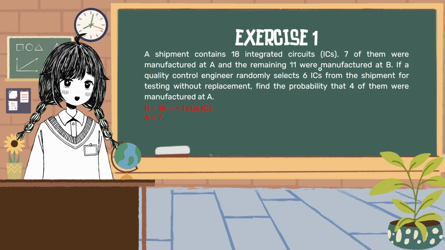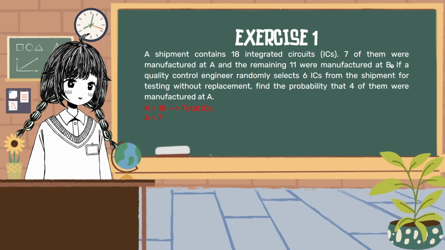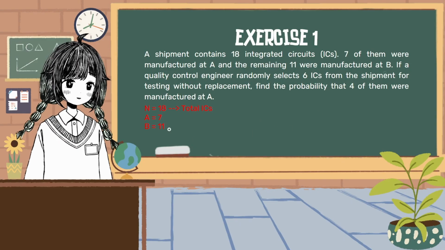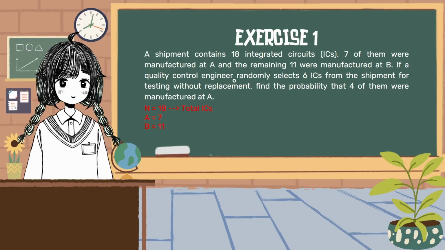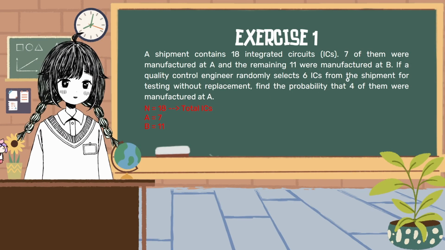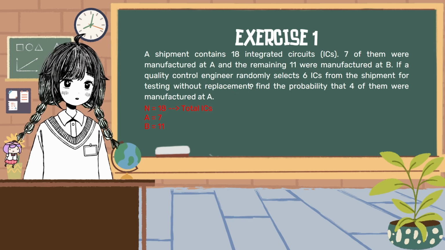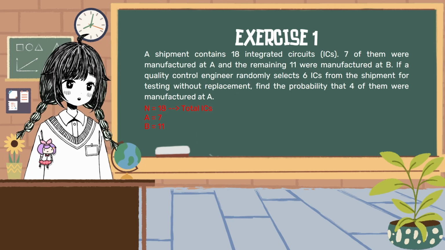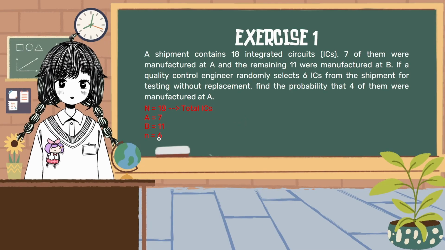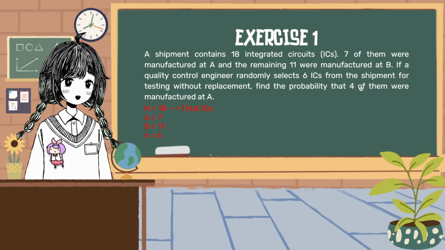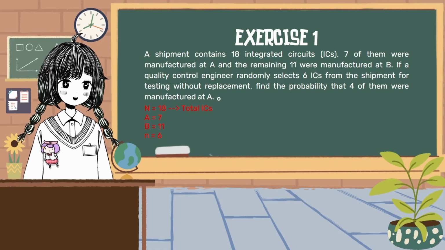And the remaining 11 were manufactured at B. So B equals 11. If a quality control engineer randomly selects 6 ICs from the shipment for testing without replacement, so here we get our sample. So n equals 6. Find the probability that 4 of them were manufactured at A.